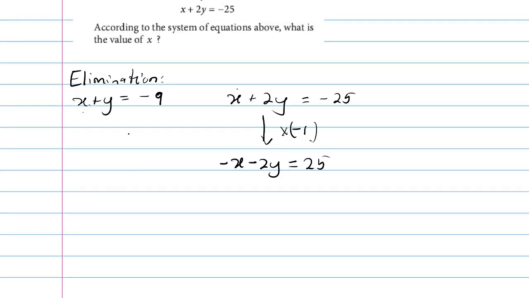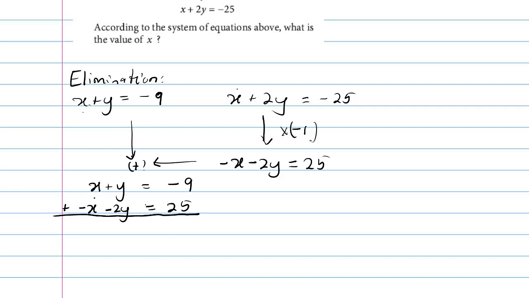Now I'm going to add the equations together. So I get x plus y equals negative 9, and I'm going to add negative x, negative 2y equals 25.